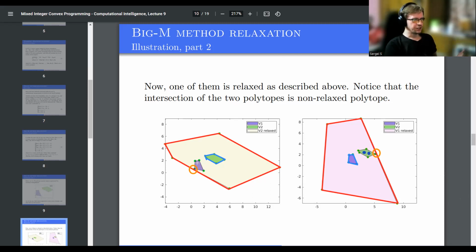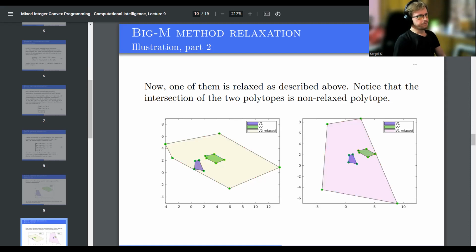So whereas here the solutions were inside V1 always, because V2 was relaxed, here on the contrary, all solutions are inside V2 because V1 is relaxed. So this is how it looks geometrically with big M. Do you have questions? Do you have questions about this geometry, for example?